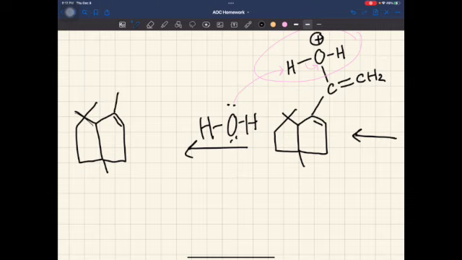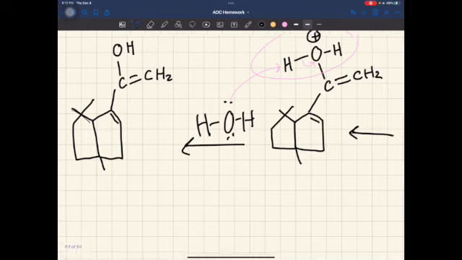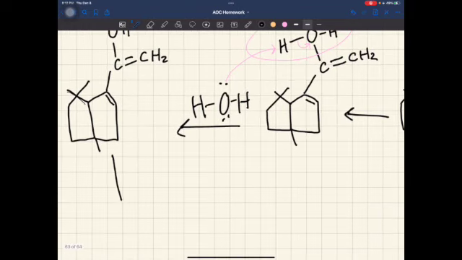We have our carbon connection, and our carbon is still connected to our oxygen, but instead of it being connected to water, it's just an alcohol now. And a keto-enol tautomerization is going to occur.